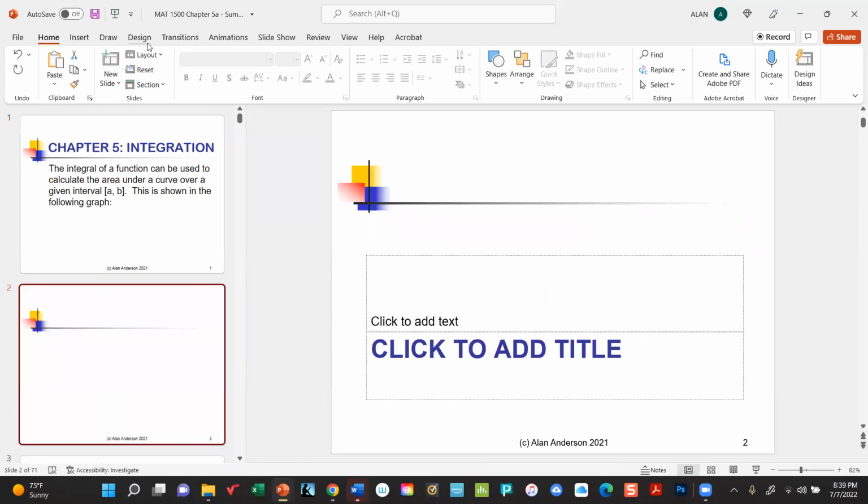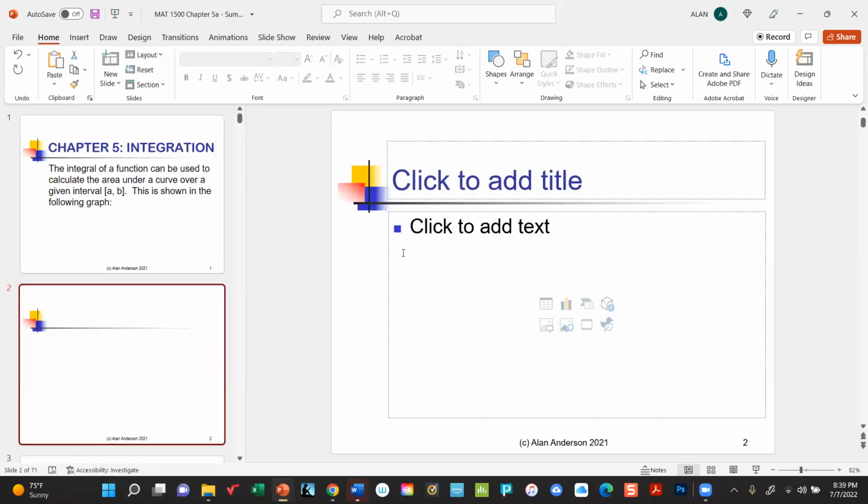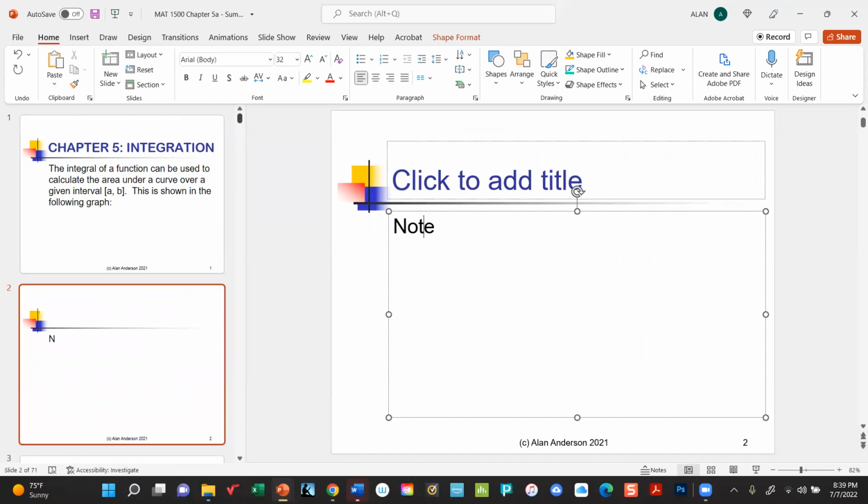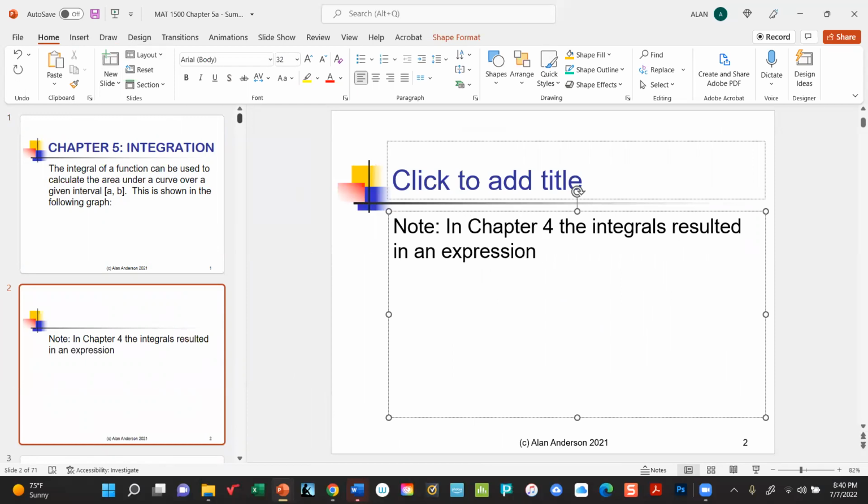The integrals we calculated up to this point, note, in chapter 4, the integrals resulted in an expression, but not necessarily. Well, all right, let's put it this way, an algebraic expression.